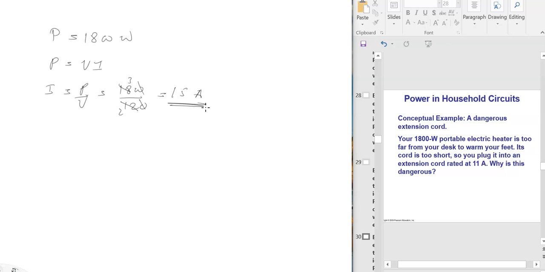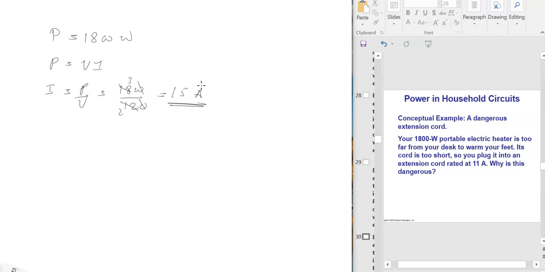You connect it to an extension cord rated for 11 amperes. 11 amperes is good to run a light bulb, a TV, or a music setup, small items, not these electric heaters. So you are drawing 15 amperes, over the 11 amperes, too much for the cord. Eventually it can melt and even catch fire.